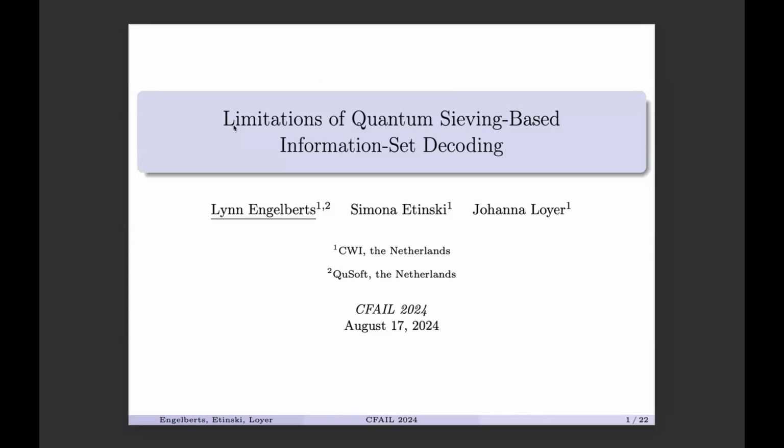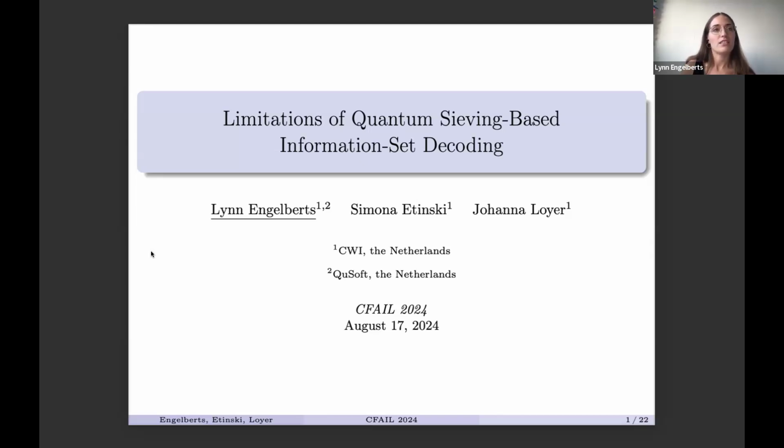Okay, so the next talk is about limitations of quantum sieving-based information set decoding by Lynn Engelbert, Simona Etinski, and Johanna Loyer, and Lynn will give the talk. Thank you very much. Hi, my name is Lynn Engelbert, and I'm presenting joint work with Simona Etinski and Johanna Loyer.